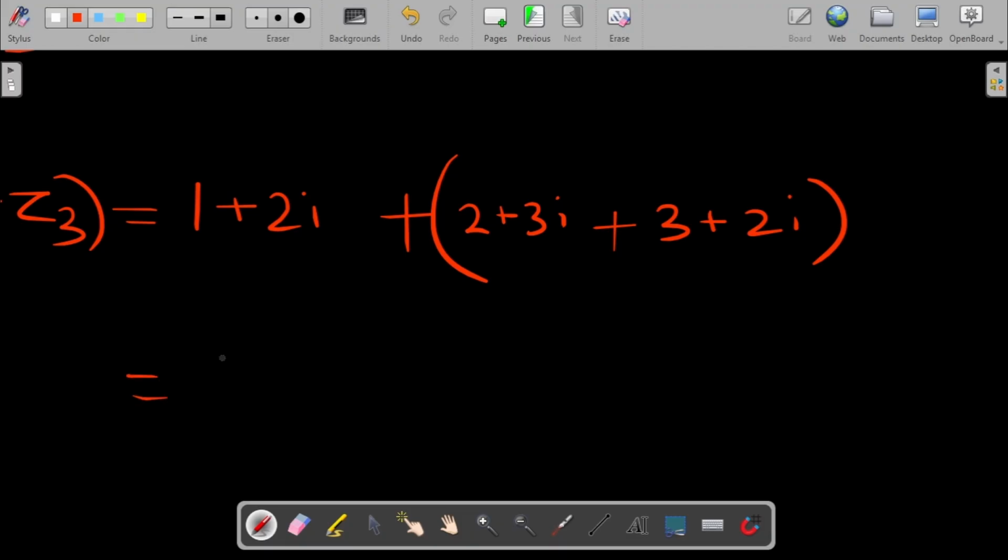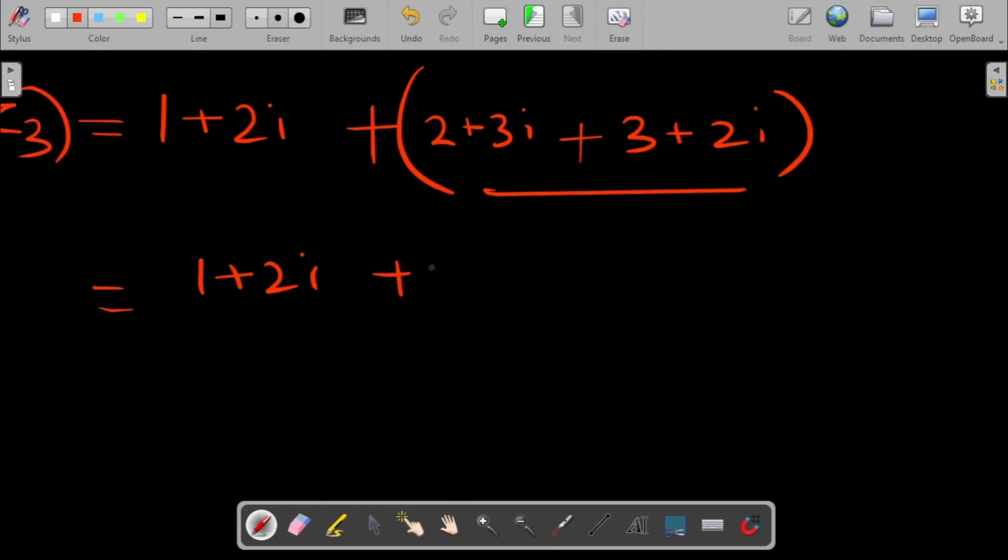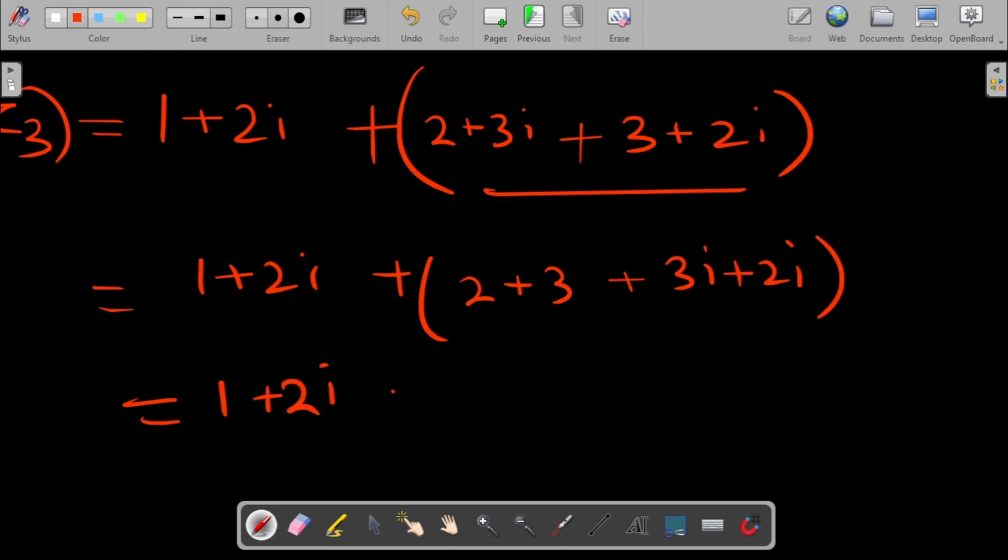So this equals 1 plus 2i plus, firstly adding these two complex numbers, 2 plus 3 plus 3i plus 2i. This equals 5 and 3i plus 2i.